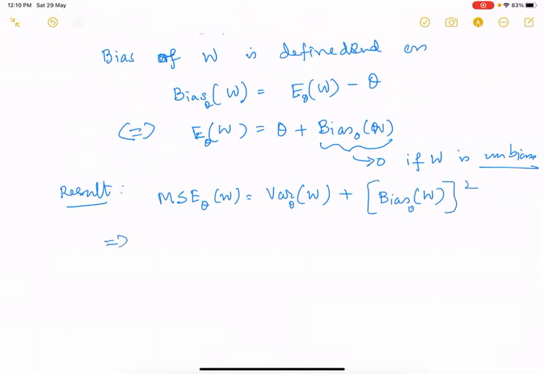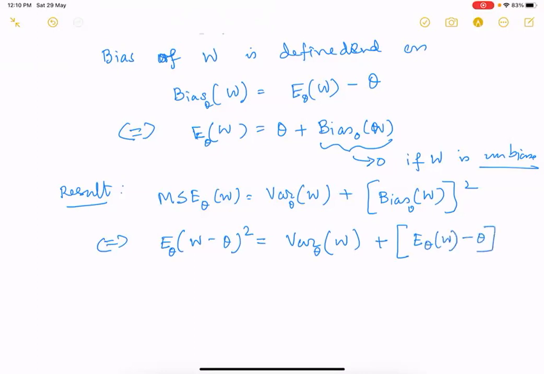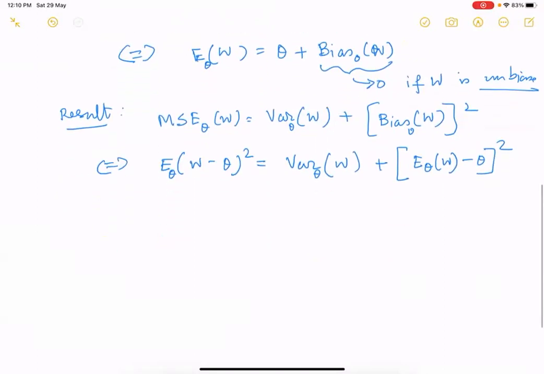So that means expected value of W minus theta whole square equals variance of W with respect to theta plus expected value of W minus theta, whole square. Okay. Now, can anybody tell me how can we check this result?